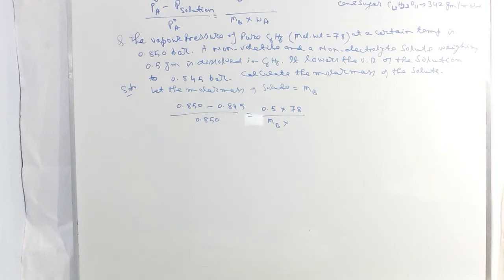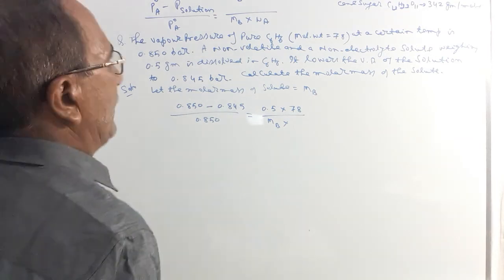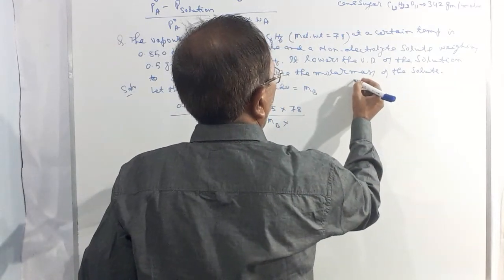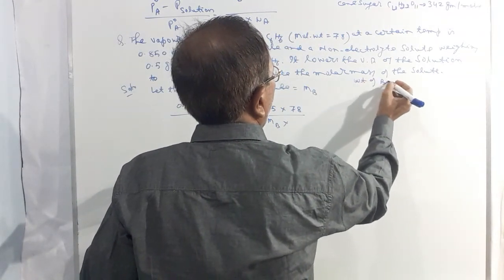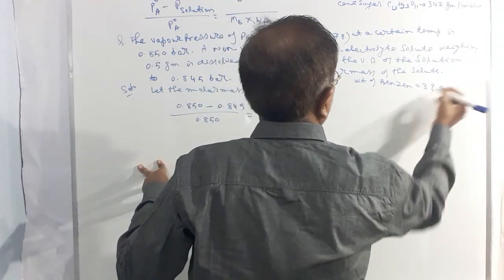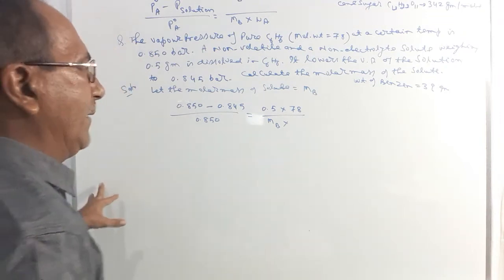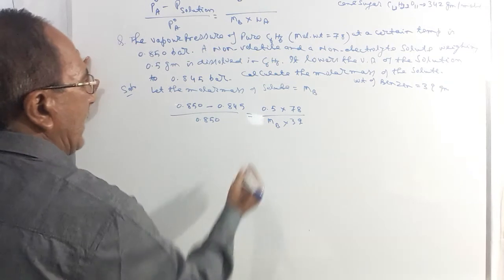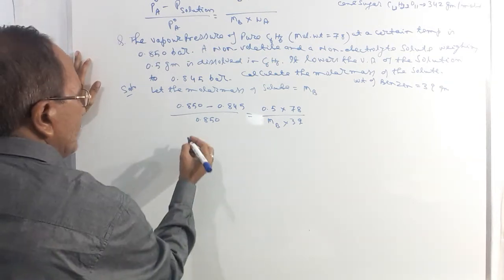WA is 39 ग्राम बेंजीन. इसमें एक और जोड़ना होगा कि वेट ऑफ बेंजीन इक्वल टू 39 ग्राम. This is WA, weight of solvent. So you can calculate this.